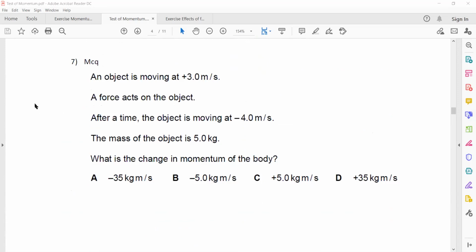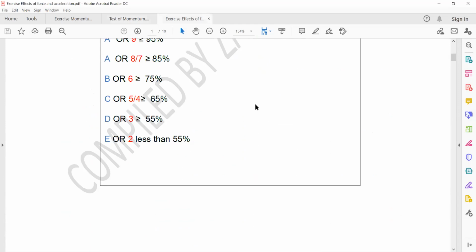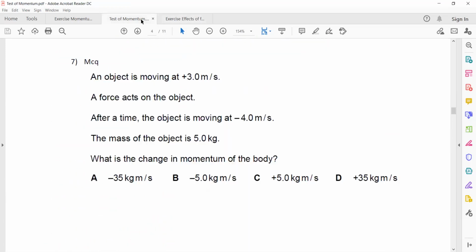So another question: an object is moving with a speed of 3 meter per second. So this is the starting speed u. After some time, the object is moving at -4. What does it mean? It means the direction of the motion changes.